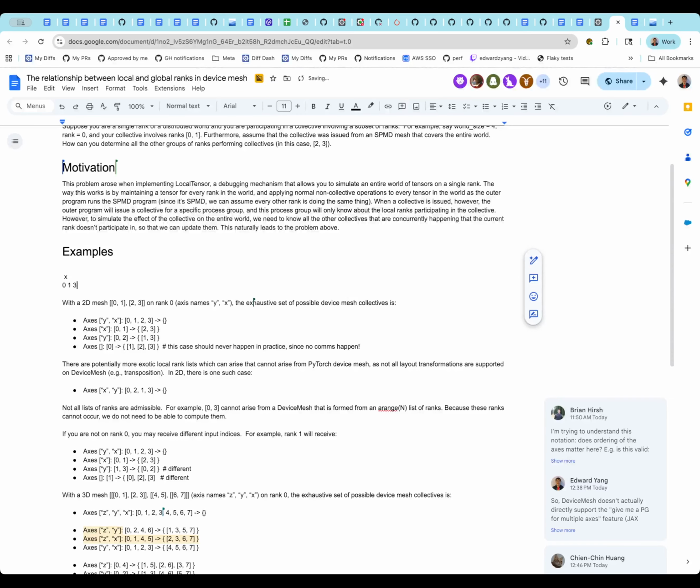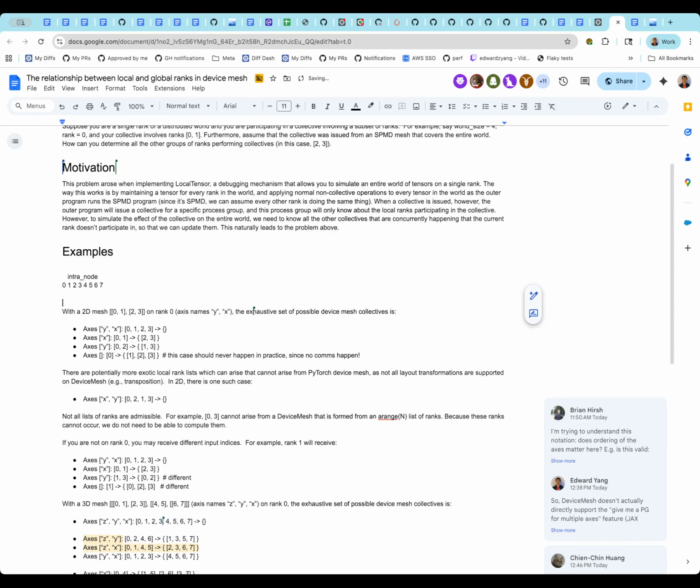We're going to say that the X dimension is the intranode dimension, so it's got 8 elements. And the Y dimension is the internode dimension, which talks about communication across nodes.